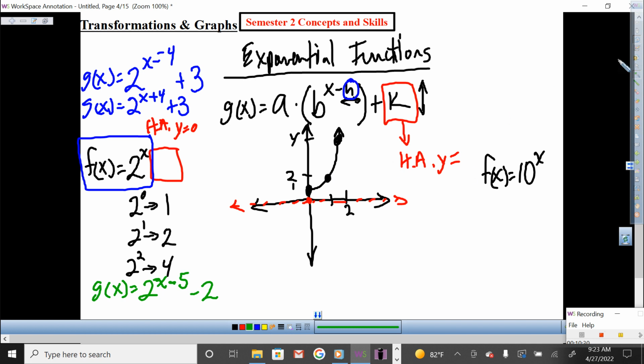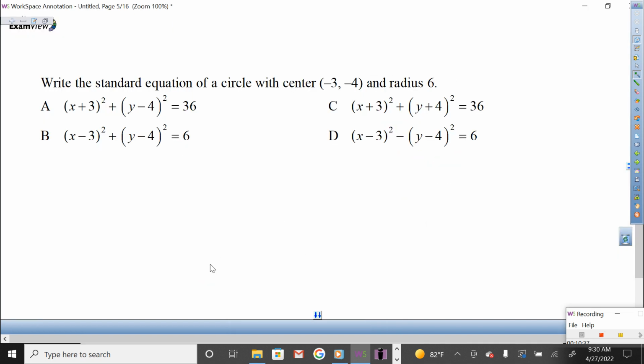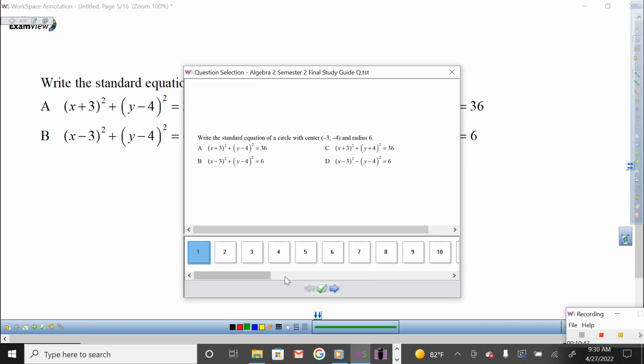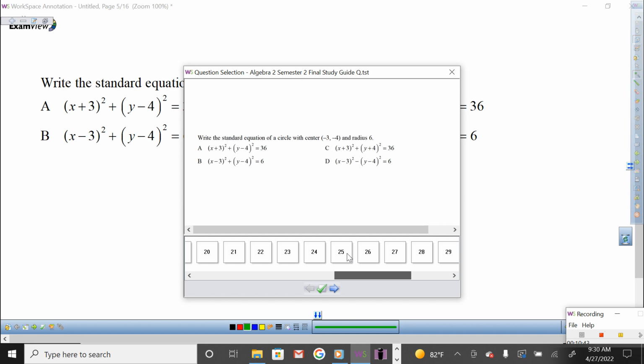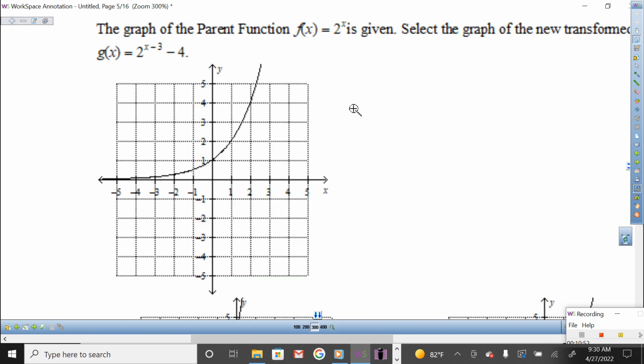So with that said, get your study guide in front of you. Go to problem number 25. Answer that question. So let's see, what do they give us? For number 25, they give us f of x equals base 2 to the x.